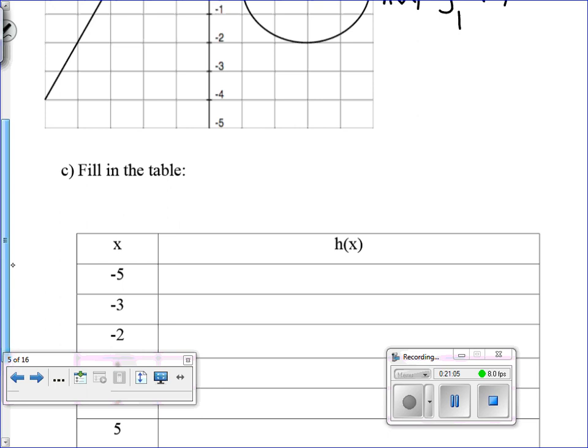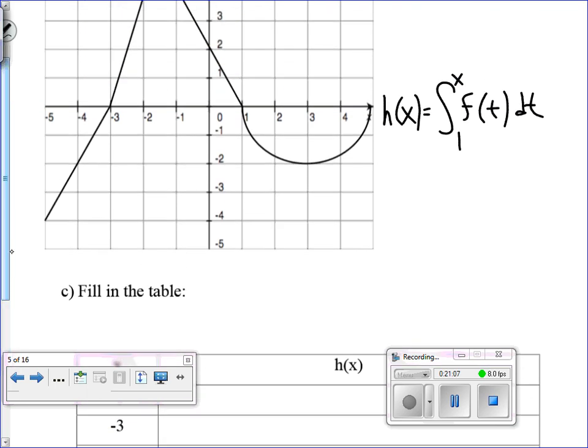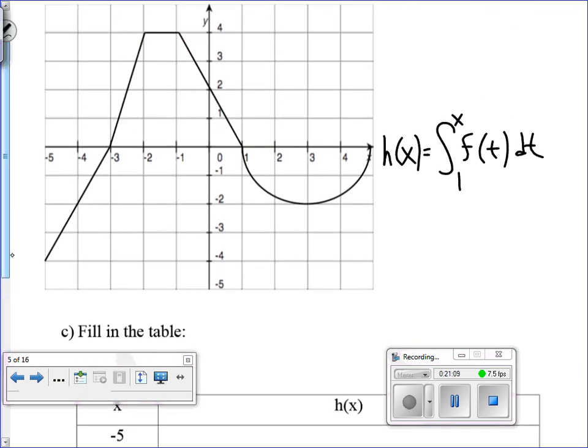All right, so why don't we just start by filling in the area of all the shapes between the x-axis and the graph. So the area of this triangle down here is 1/2 base times height. 1/2 times 2 times 4 is going to be 4.